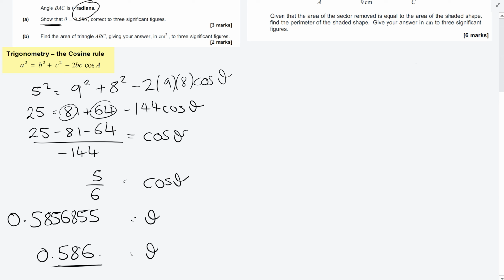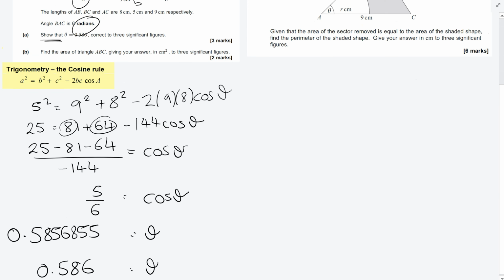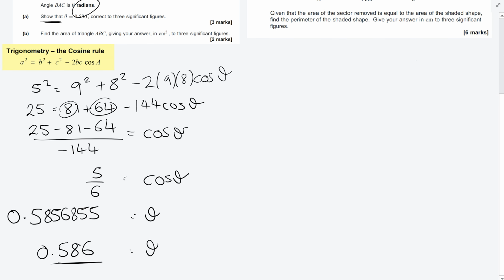In doing that, you're just guaranteeing that you've completely shown that. There's nowhere the examiner can say you haven't shown that step clearly. So that's our first 3 marks.